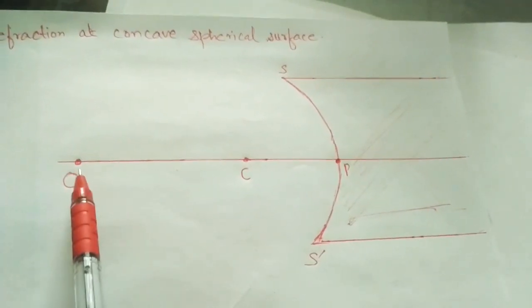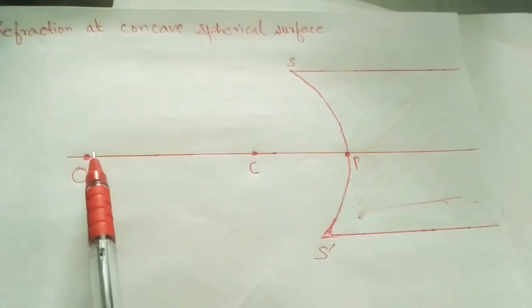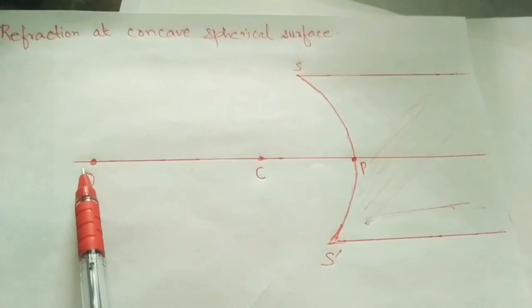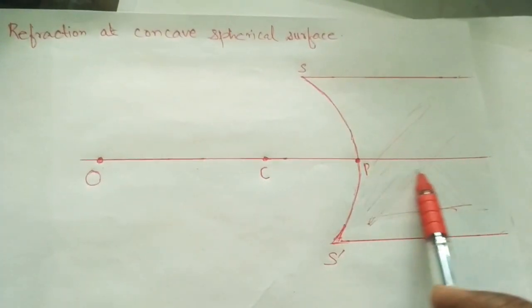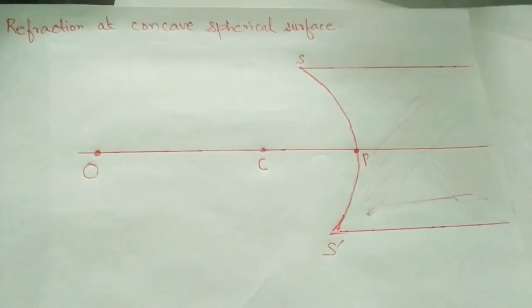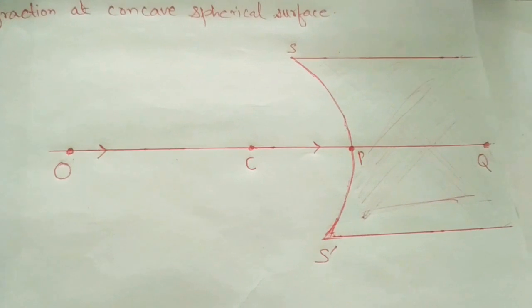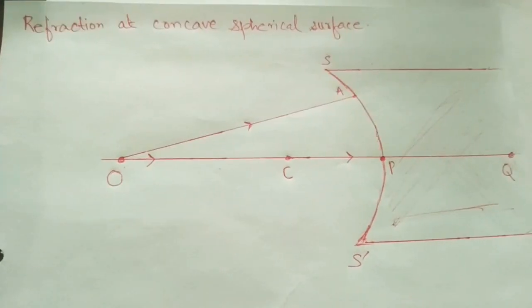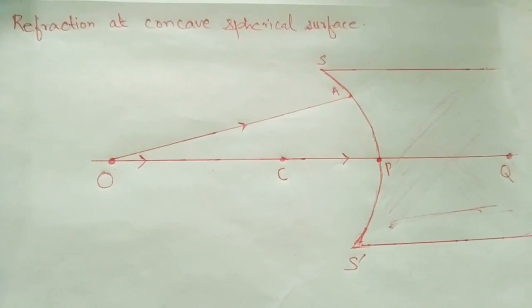So if it is going to form an image, we need at least two rays. I'm considering one ray which will go through this path OP, and the second ray towards this surface. So the first ray OPQ, and the second ray is going OA.